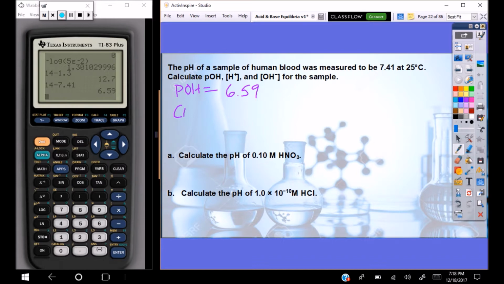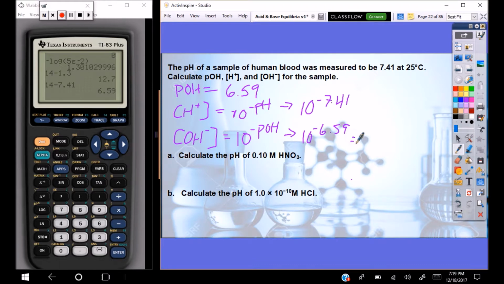Then the concentrations of H plus and OH minus are going to be easy now. You've got 10 to the negative pH, and you've got 10 to the negative pOH. So plug them in. We've got 10 to the negative 7.41 and 10 to the negative 6.59.